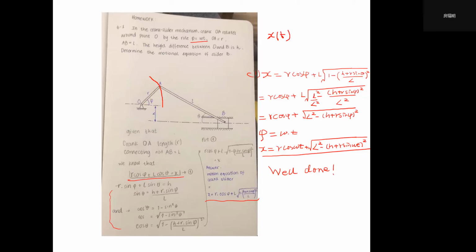So this whole length minus R sine phi, this part, will be H. So we have L sine theta minus R sine phi equals H. So from this expression, she finds sine theta equals H minus R sine phi, over L, right?